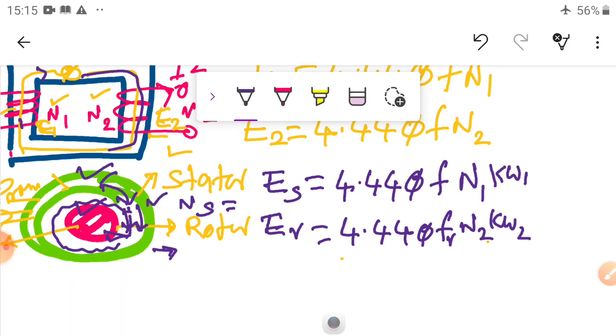This is the induction motor and this is the transformer. The transformer values are this much and the induction motor values are this much.